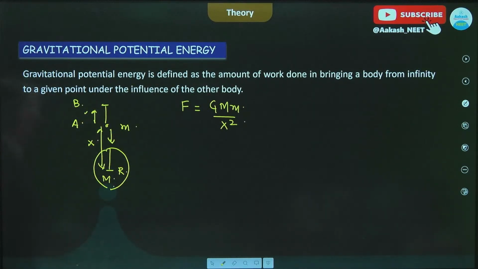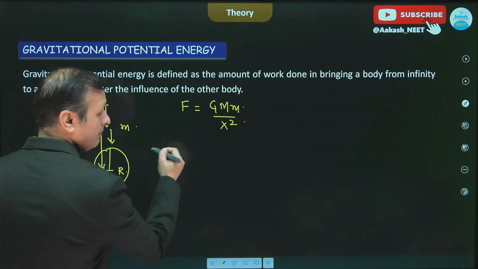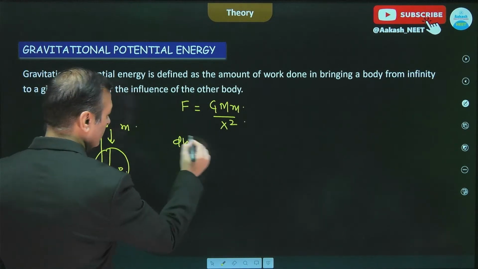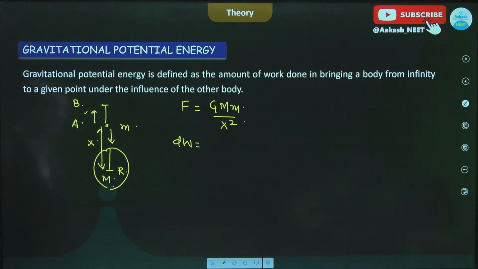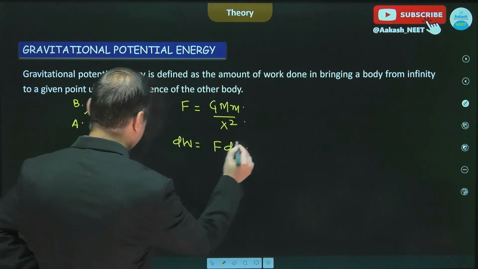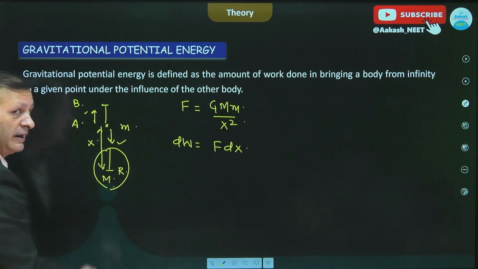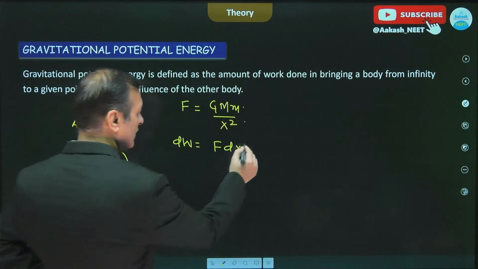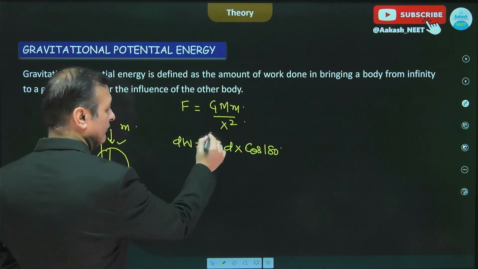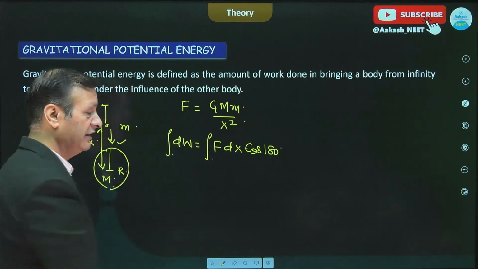So if you are finding the work done by gravitational force, we are taking it by small values. So let's suppose that small work done is F dx. So if we are finding the work done by this gravitational force, this is against, so this is cos 180 degree, and for the total we need to integrate it.